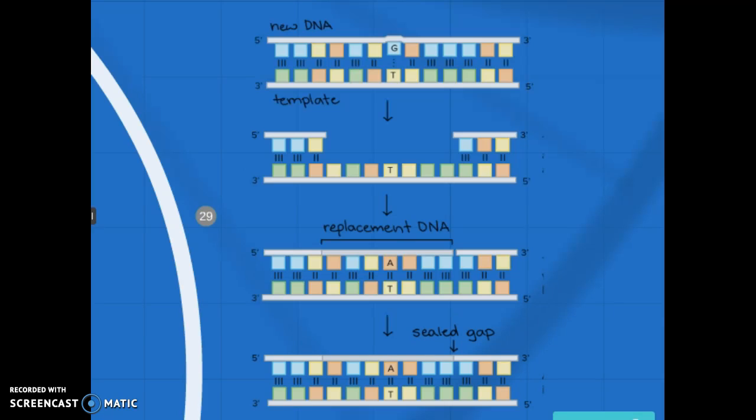Both the gaps are sealed with DNA ligase, but they are methylated, and there's not really a way to know how our human eukaryotic cells know which one is the template DNA, the old strand.